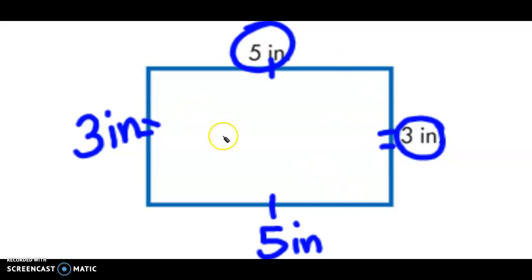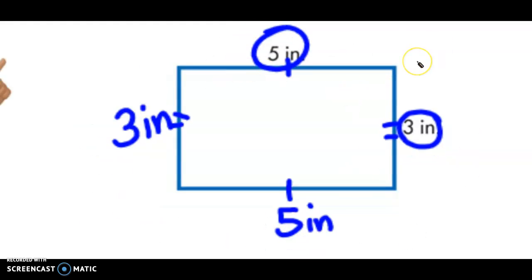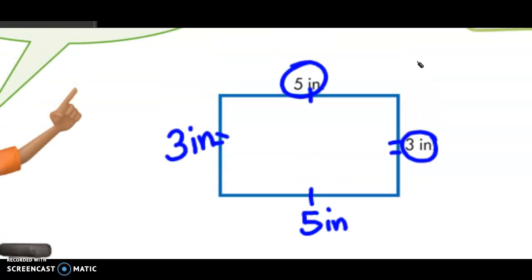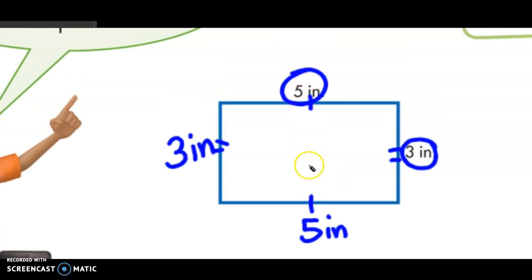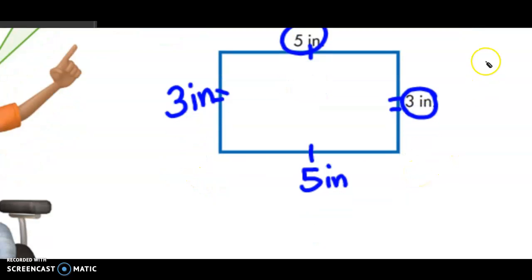So our next step, in order to find the full perimeter, is just to add up the numbers that we've got here. Now, I notice a couple of things. I have 2 5s, and I have 2 3s. So maybe instead of adding 5, 5, 3, and 3, I can think of some multiplication.